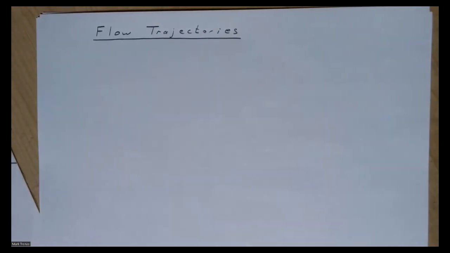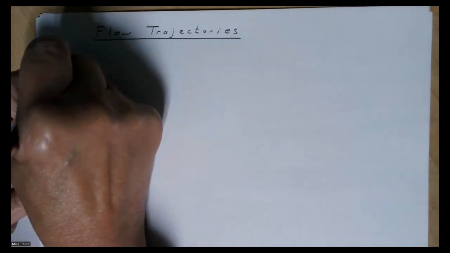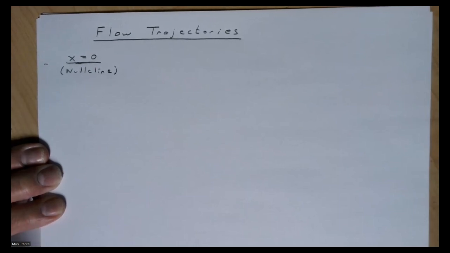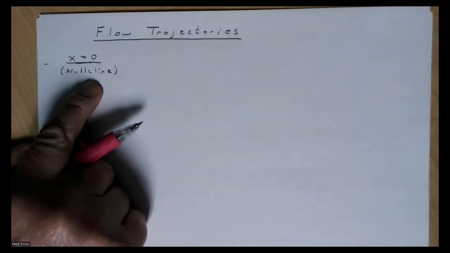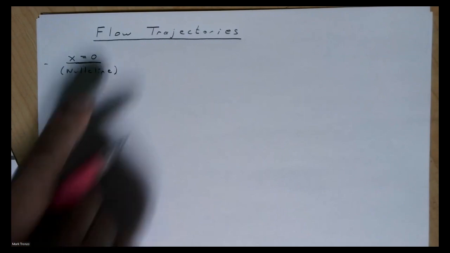Next, we're going to look at the flow trajectories. That is the flow direction trajectories along the nullclines. So let's once again take a look at each nullcline, and we want to see what dx and dy look like along each of these nullclines.